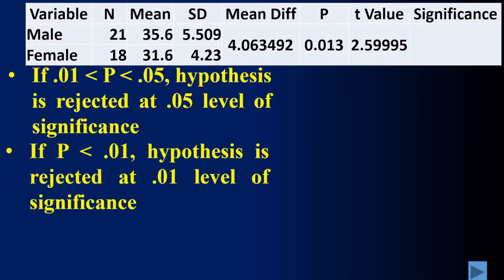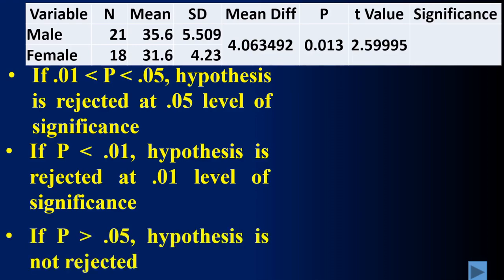Now, second is, if P is less than 0.01, then hypothesis is rejected at 0.01 level of significance. Friends, the hypothesis, if it is rejected at 0.01 level, then it will be rejected at 0.05 level also. Now, third, if P is greater than 0.05, if the probability value that we have calculated is greater than 0.05, then hypothesis is not rejected.